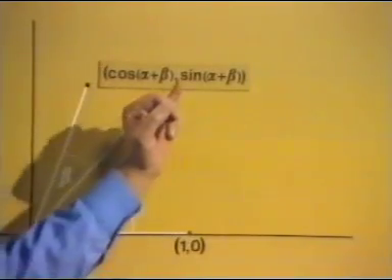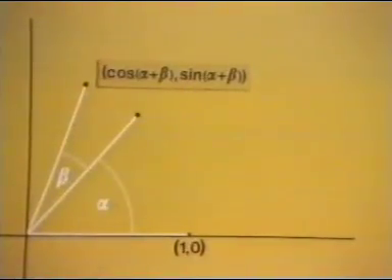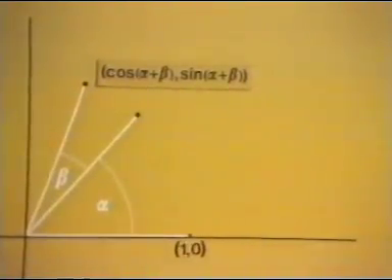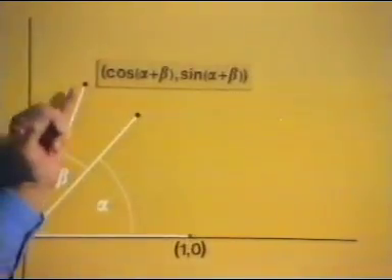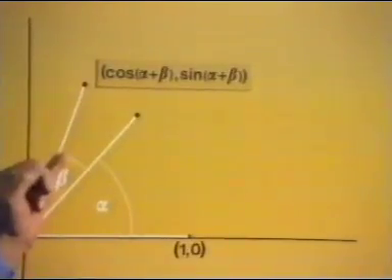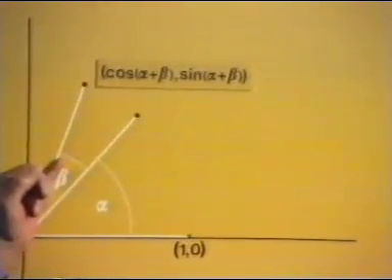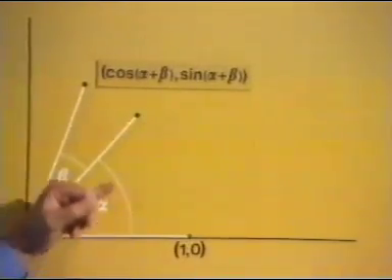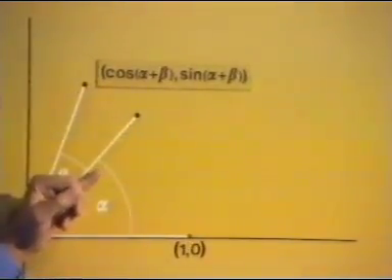And this second coordinate, sine of alpha plus beta, is what we're after. I'm looking for a formula for that. But we can get to this point in 2 ways. Either like this, through a rotation through alpha plus beta, or by 2 rotations, first through an angle alpha, and then through an angle beta.